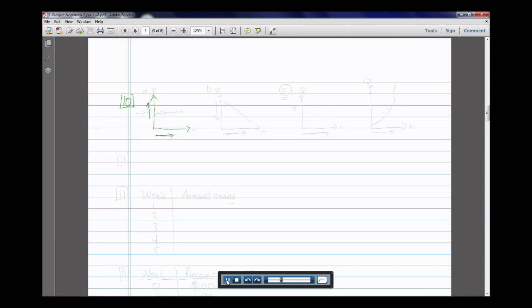So in A, you can see that there is kind of a line that you'd be able to put, and that would be your trend, that as you go along your independent variable, the data is tending to stay horizontal.